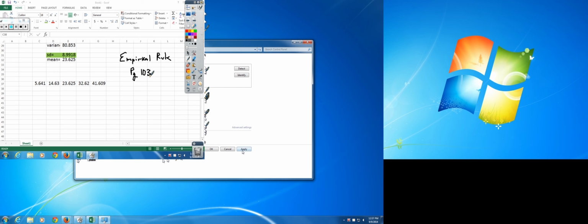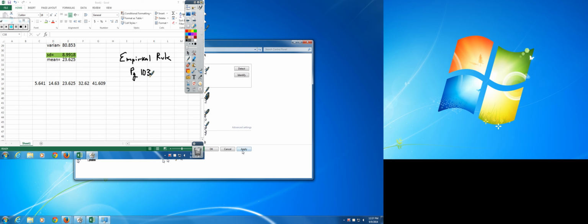Outside 2 standard deviations is unusual. Outside 3 standard deviations is what? An outlier. Make sure you make note of those two.